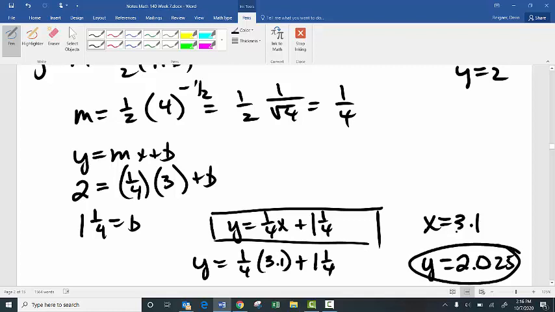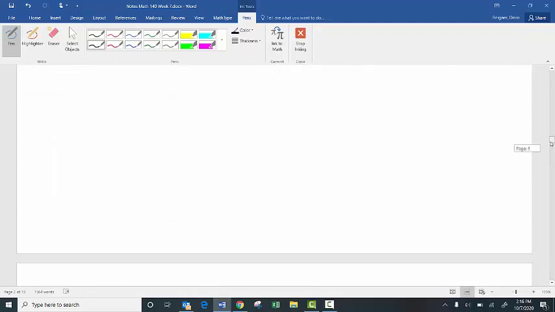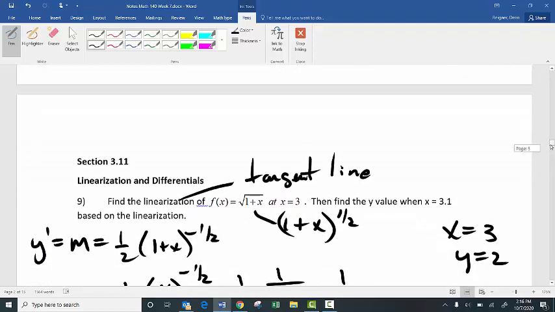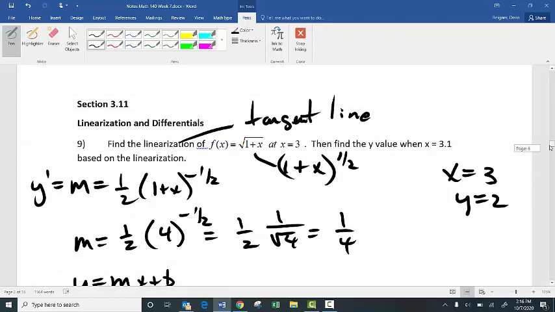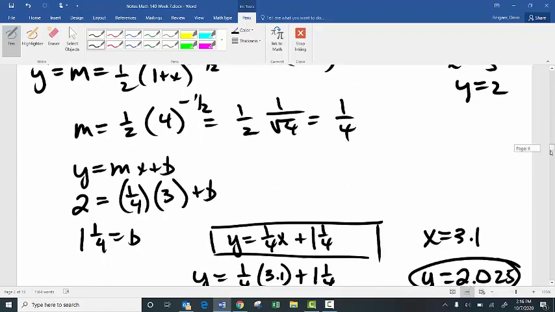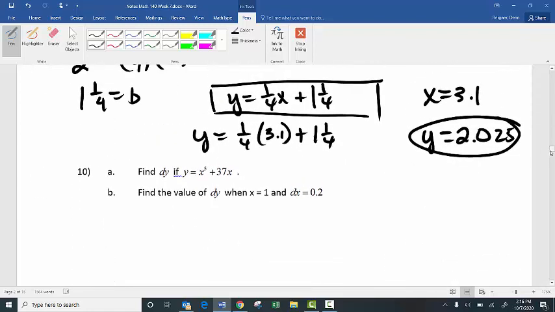So what you're doing is you're using a tangent line to approximate a value. You're using that tangent line to approximate the value you'd get if you plugged 3.1 into the function. If you actually plug that into the function, you would get the square root of 4.1. If you want to see how close we are, let me plug the square root of 4.1 in.